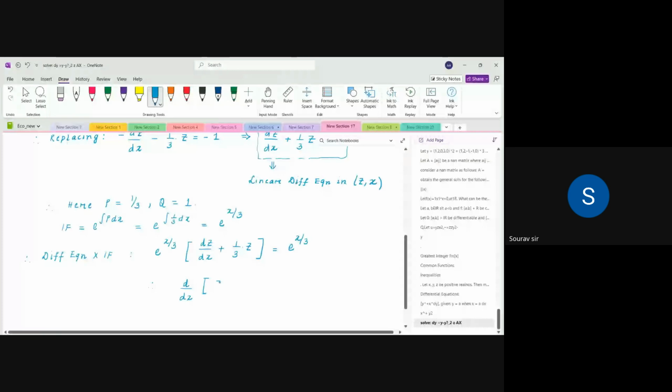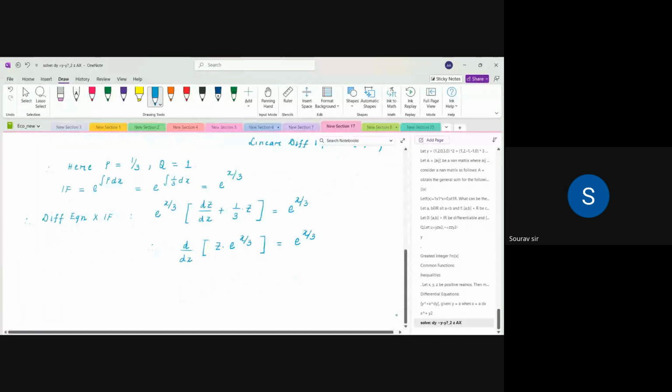So that will become d by dx of z into the integrating factor is equal to e raised to the power x by 3. Correct? So d of z into e raised to the power x by 3 is equal to e raised to the power x by 3 dx, and then you integrate it.